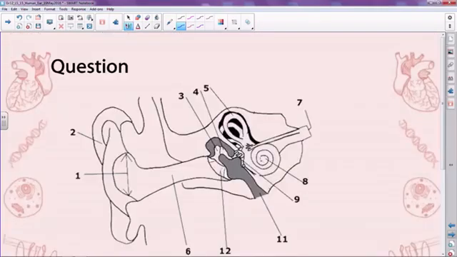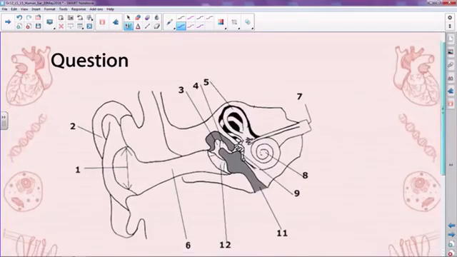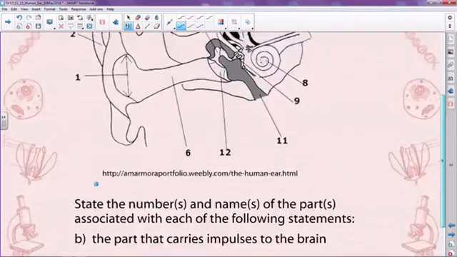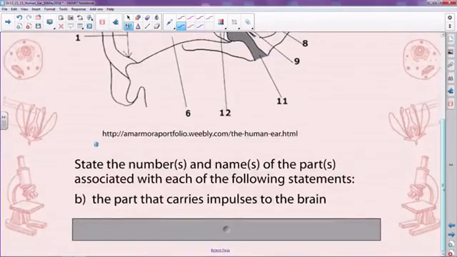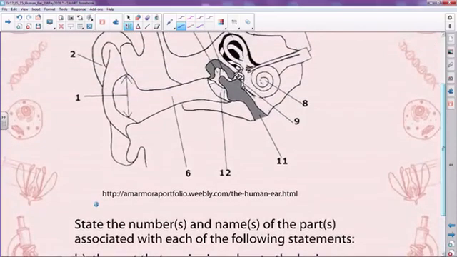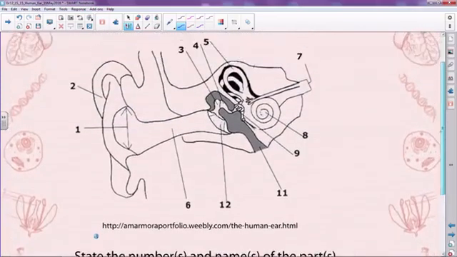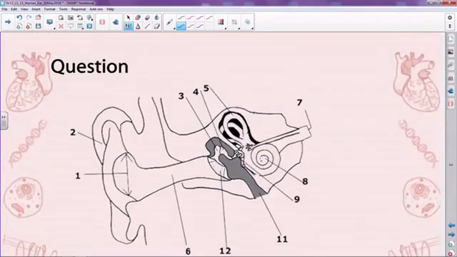The next one I have for you, same picture. I didn't even tell you the number, did I? On the other one, it would have been 3, 4, and 9.